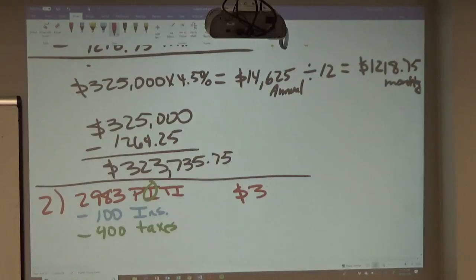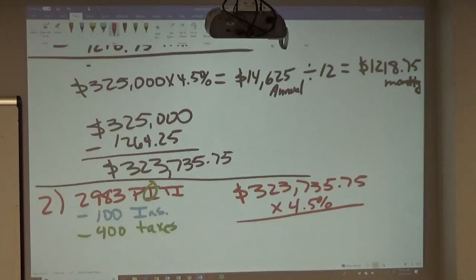So we've got $323,735.75 times 4.5% annual interest, and that's $14,568.11 annually, which we divide by 12.